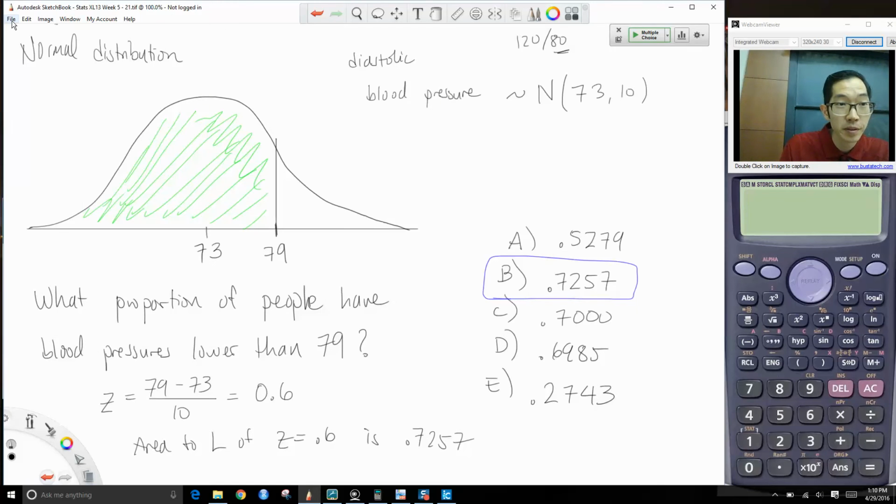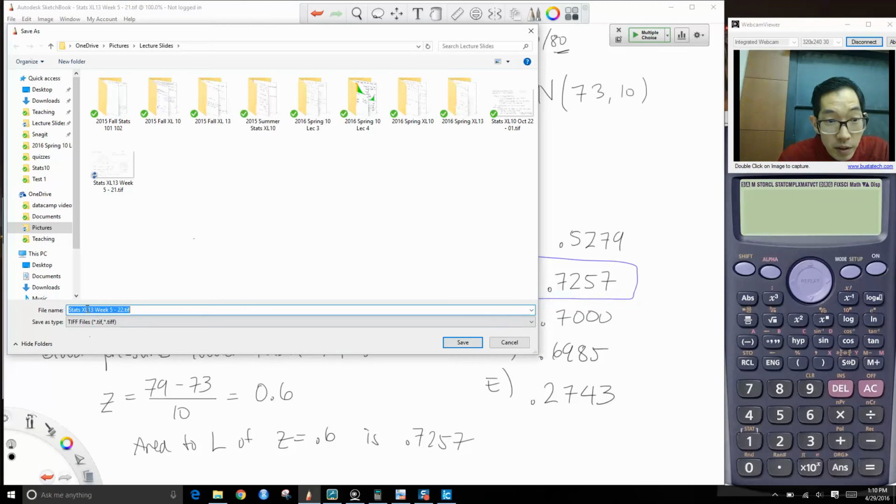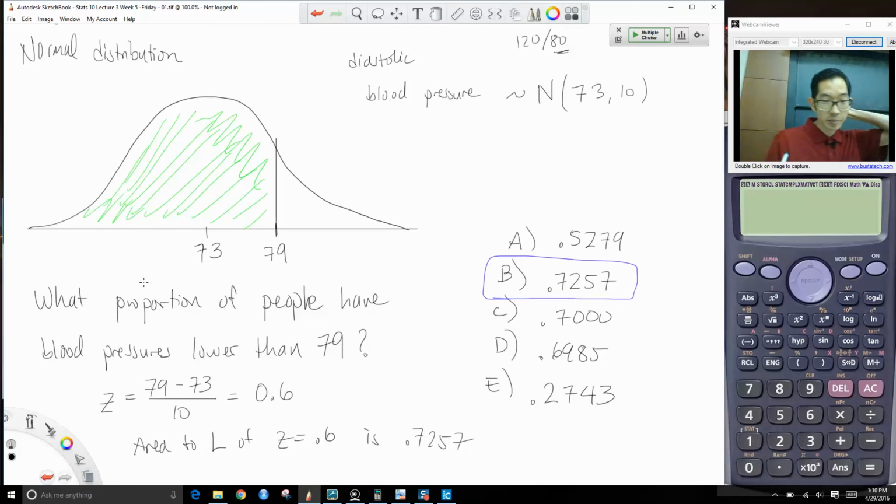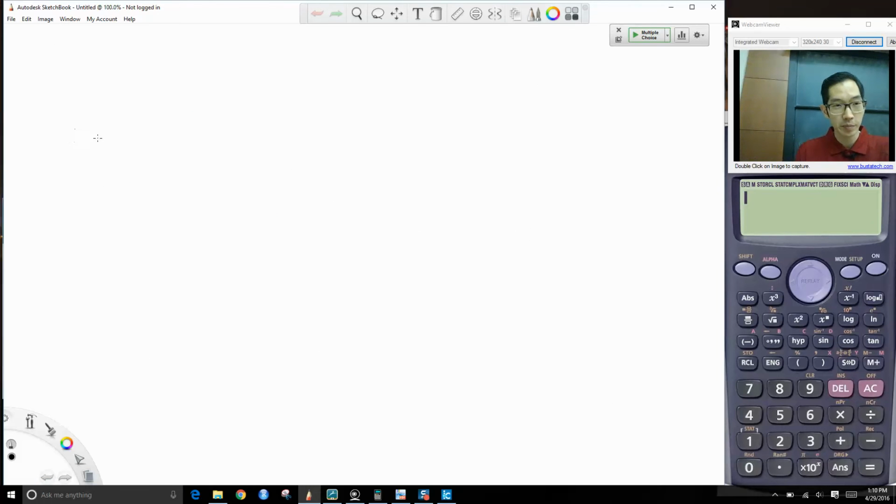This does bring up an interesting point, which is that because the normal distribution is continuous, asking what proportion of people have blood pressures lower than 79 is equivalent to asking what proportion of people have blood pressures less than or equal to 79.